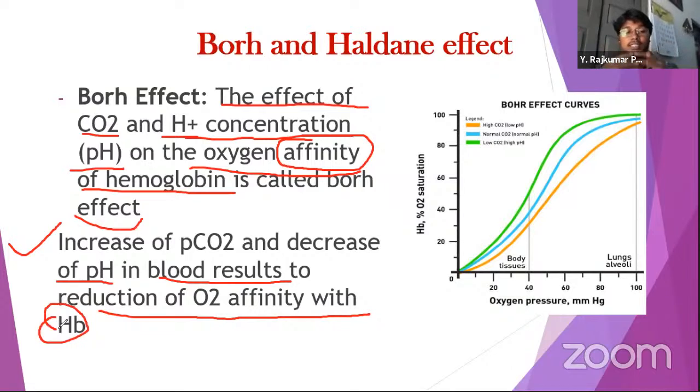When the affinity is reduced, the dissociation takes place. Okay, hope you are understanding. Increased partial pressure of carbon dioxide and decreased pH lead to the reduction of the affinity, that means leading to the dissociation.